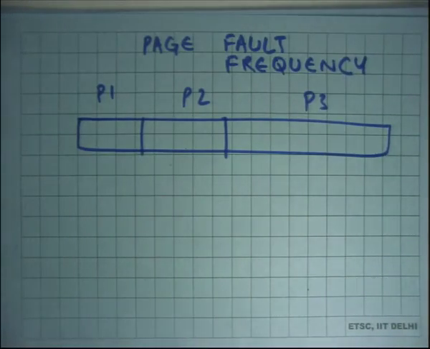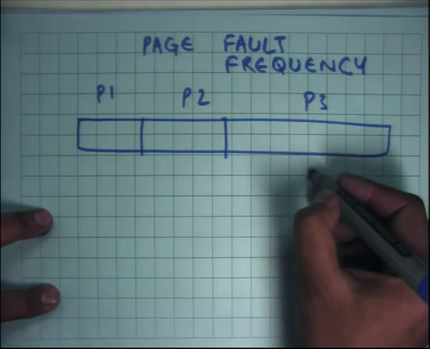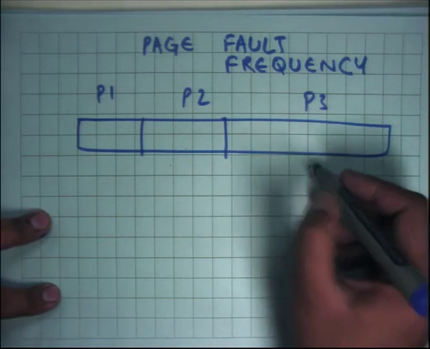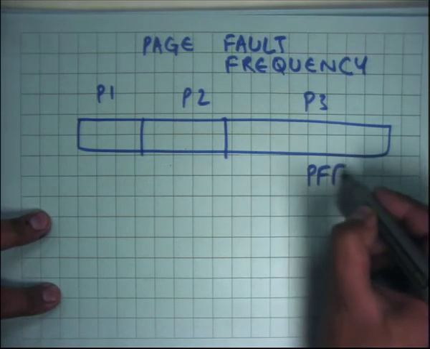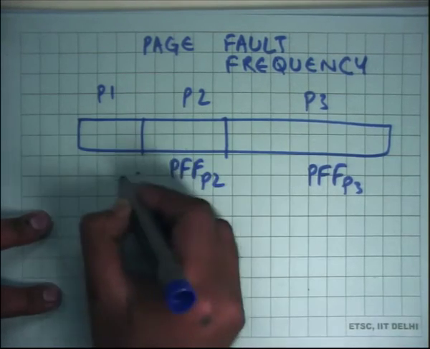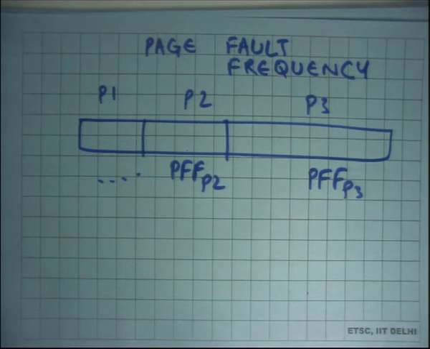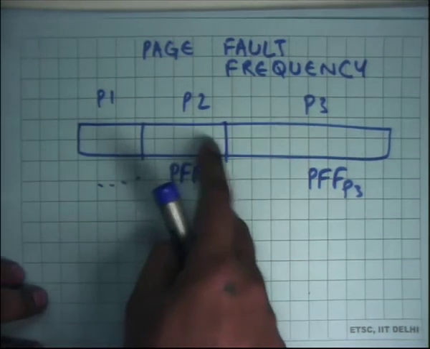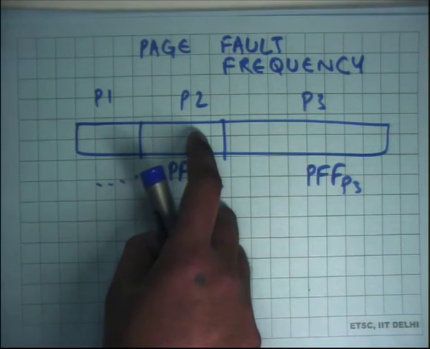You also maintain the page fault frequency of each process, so this is the PFF of process P3 and PFF of P2 and so on. If one process has a very high page fault frequency and another has a very low page fault frequency, then you can adjust these boundaries based on that.